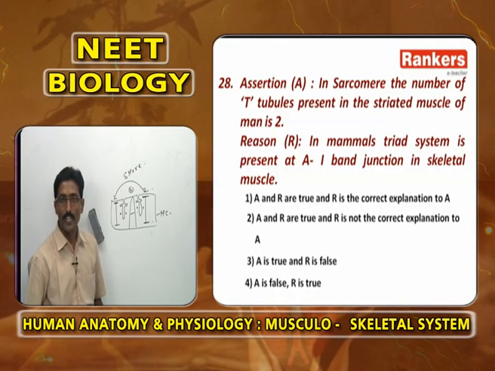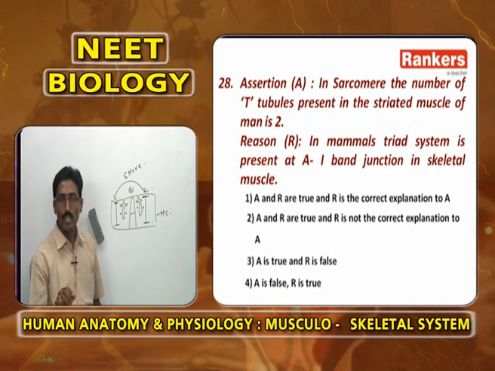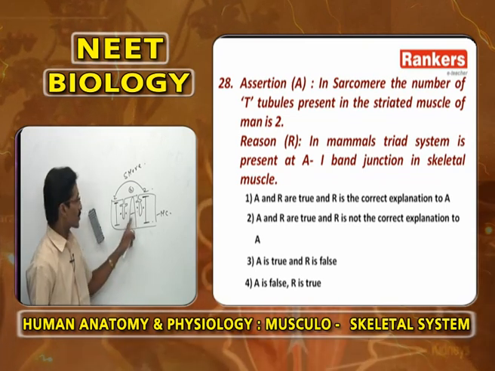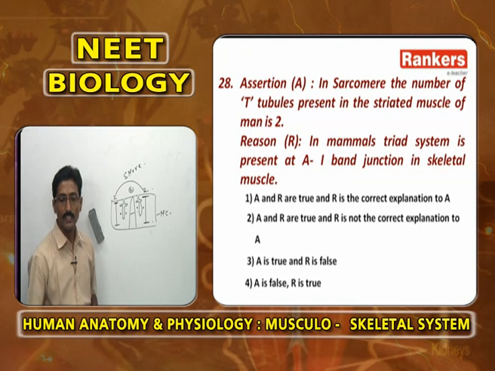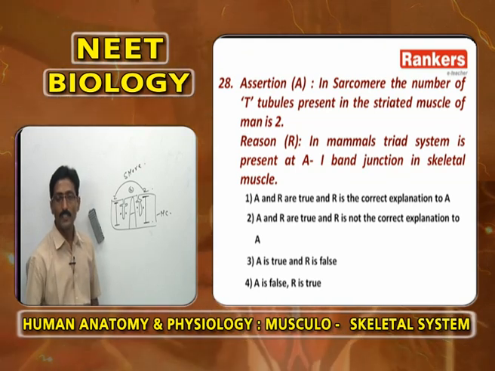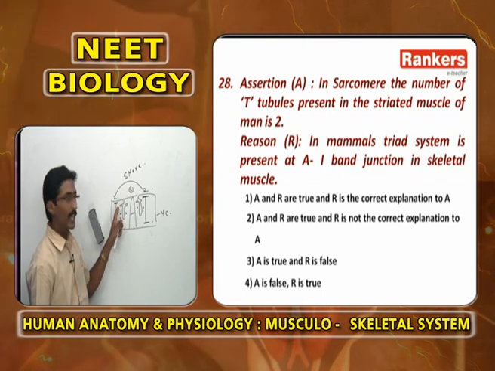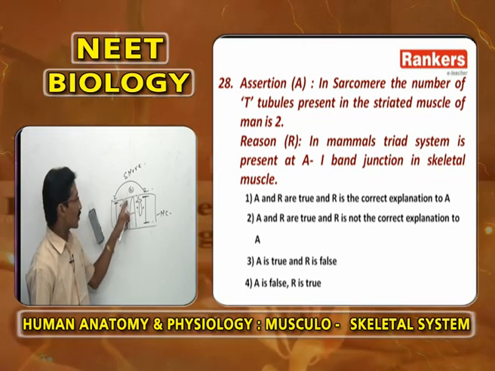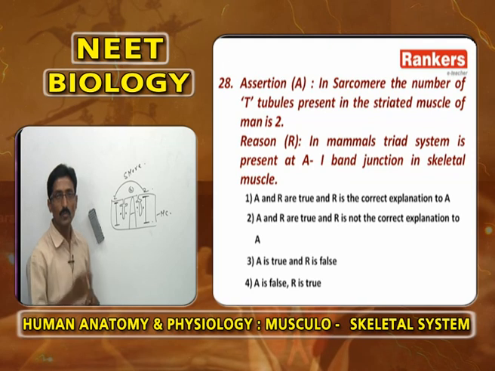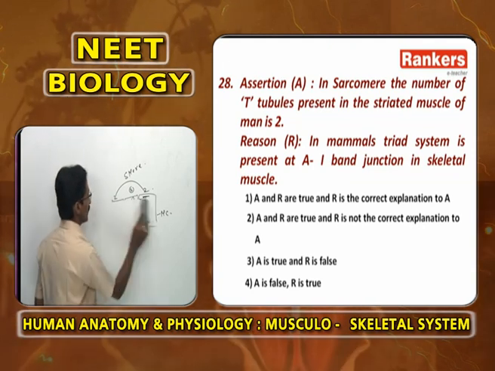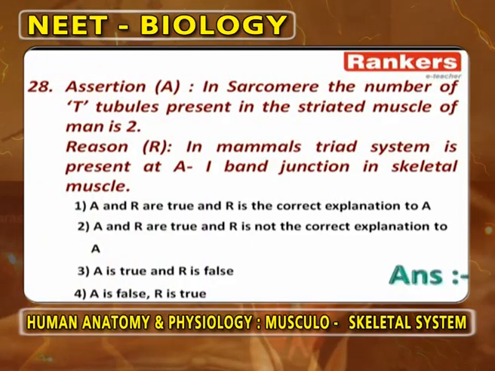In a sarcomere, the number of T-tubules present in the striated muscle of man is 2. That is correct, because the reason, in mammals, the triad system is present at the junction of A and I. So in a sarcomere, how many triads? 2. So both are correct, and the reason explains the assertion. Now we move to the next question.